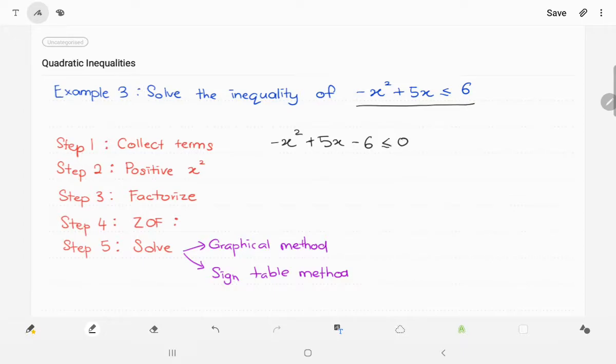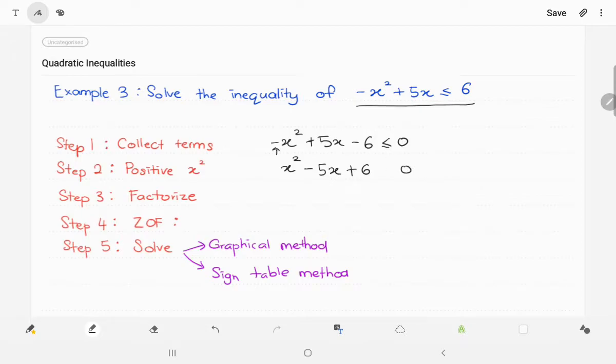Okay, so when we collect all terms to the left, then step number 2 is positive x squared, meaning we need to make the value here positive. So to make x squared positive, we can divide or multiply by negative 1. For example, I choose to divide by negative 1, and then our x squared will be positive: x squared minus 5x plus 6 greater than equal 0.